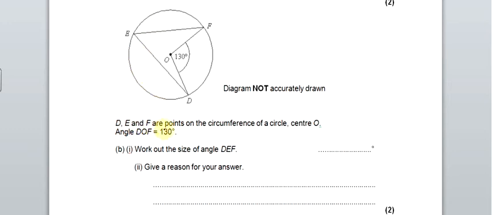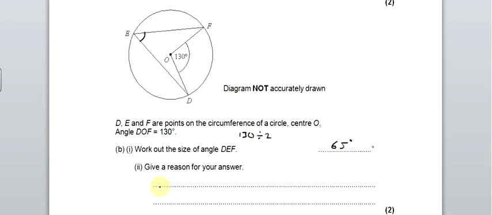Okay, D, E and F are points on the circumference. Yes, we can see that. Work out the size of angle DEF. So there's DEF, so that's this angle here, and that angle there is half of the 130, so it's 130 divided by 2, which should give you 65 degrees.